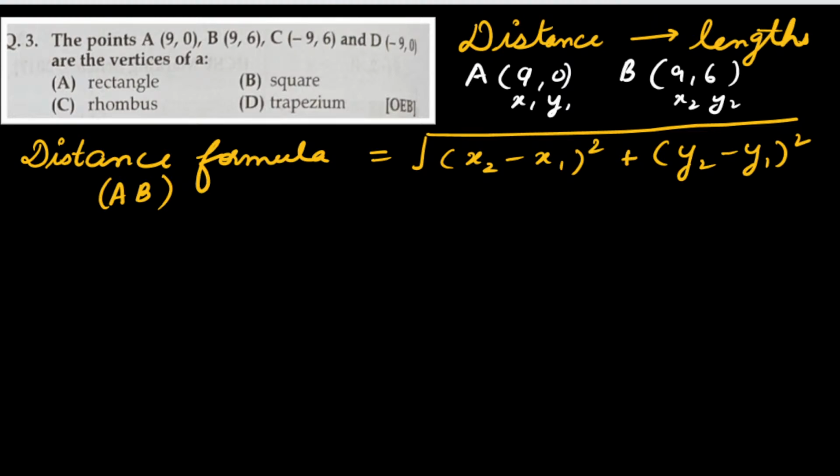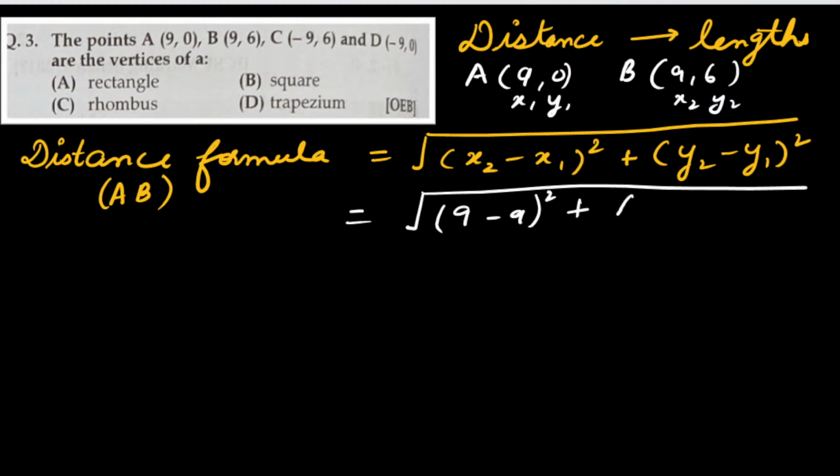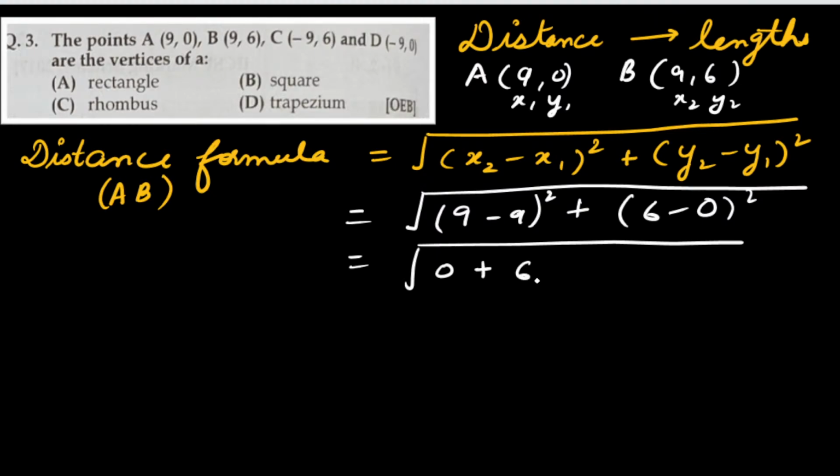So let's find distance AB. You can find this distance and tell me the answers. Although this question is a little lengthy, we will be double checking the answers as well. So x2 is 9 here, x1 is also 9, so 9 minus 9 is 0. y2 is 6, y1 is 0, so 6 minus 0 is 6. 6 square. 0 plus 6 square is 6 square only.